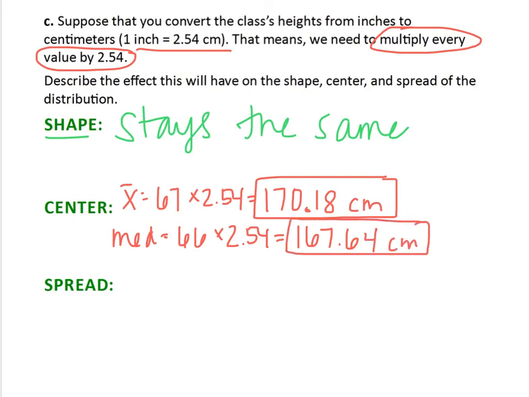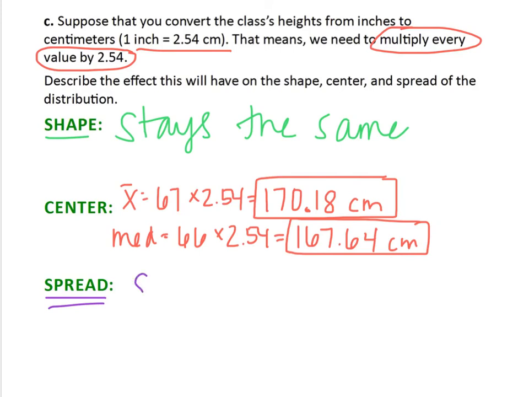I can see right here, my mean and my median used to be only 1 inch apart, but now they're almost 3 whole centimeters apart, which is proof that my spread is going to change as well.